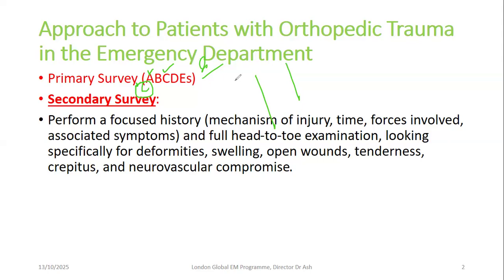Next, in E, you must go through everything: spine examination, log roll examination, temperature. So that should be your ABCDE approach. Then in the secondary survey, you must go through focused history, mechanism of injury, associated symptoms, full head to toe examination.